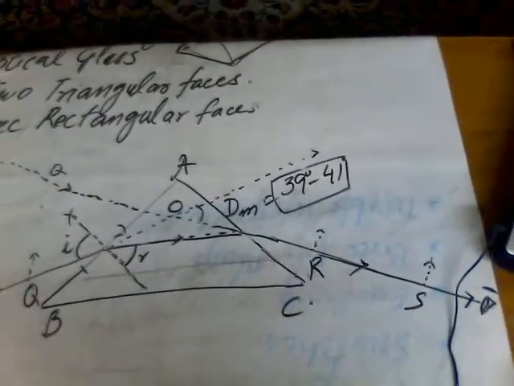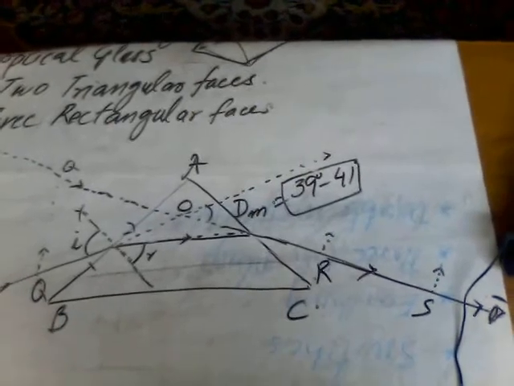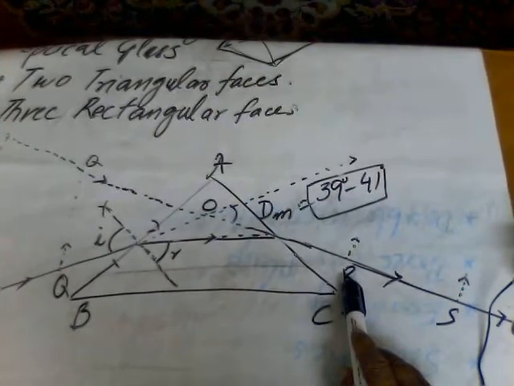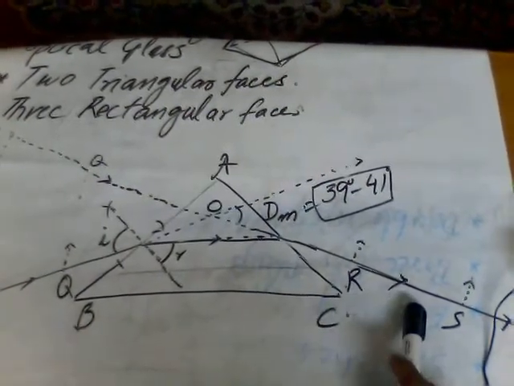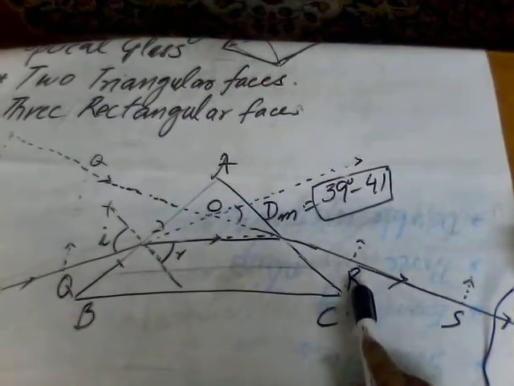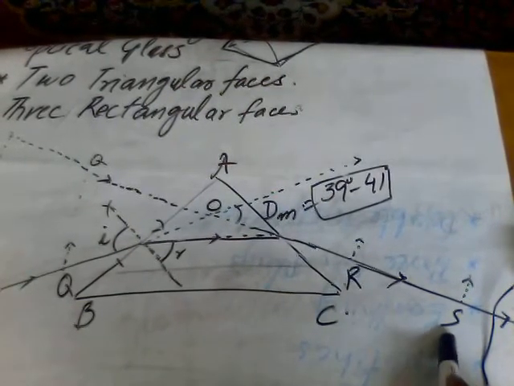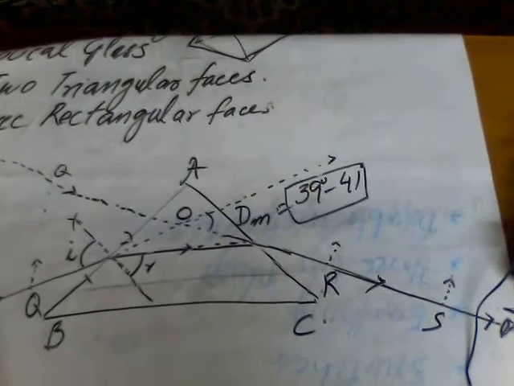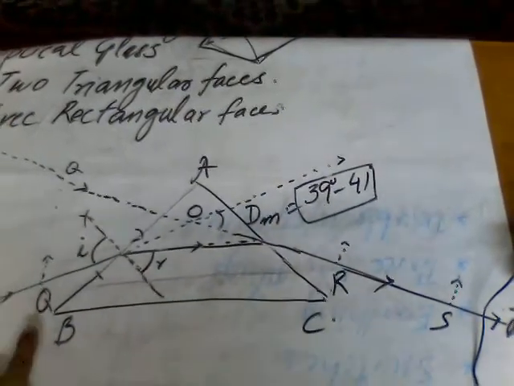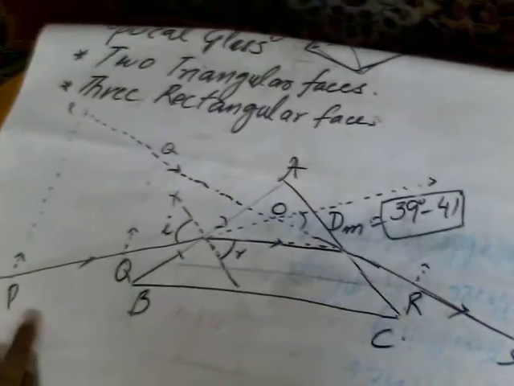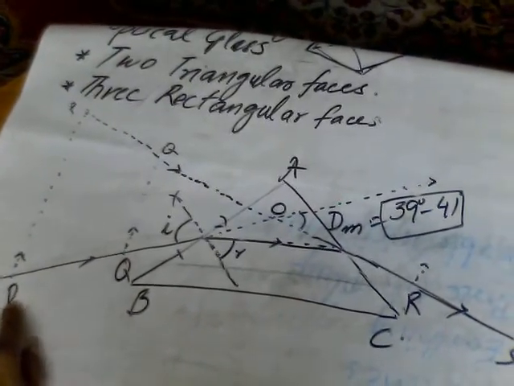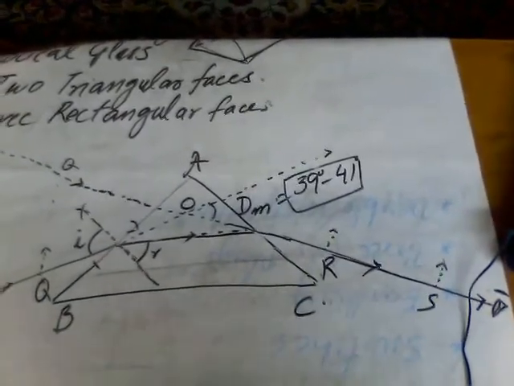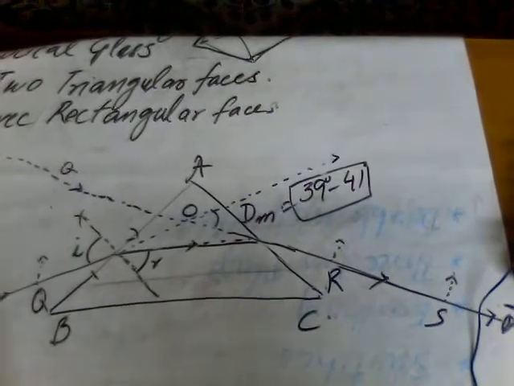After that, we take two more pins and insert them on the side AC face in such a way that the R and S pins are exactly aligned with the images P and Q. Actually, Q is this pin and P is this, but when we look inside the prism, their images appear as Q is here and P is there.